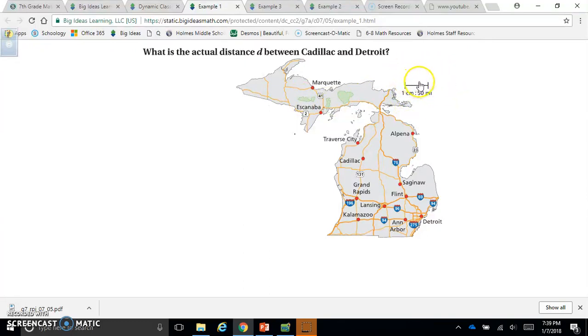The first thing that we would have to do is take a straight edge or ruler and actually measure, lining up 0 with Detroit all the way over to Cadillac. We'd measure that distance, and then we would use our scale. So step 1, use a centimeter ruler because it's in centimeters to find the distance on the map between Cadillac and Detroit.